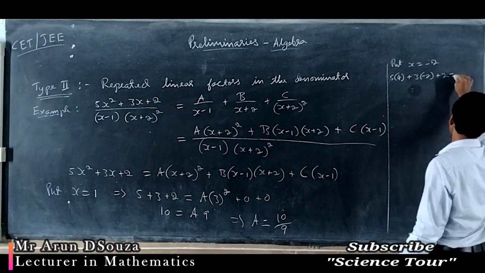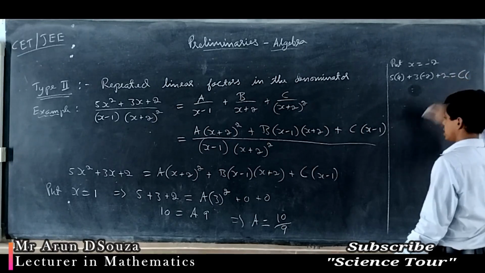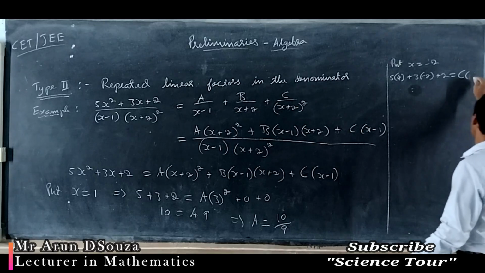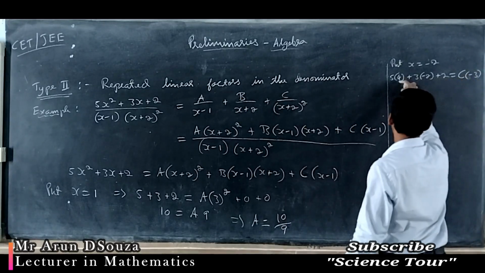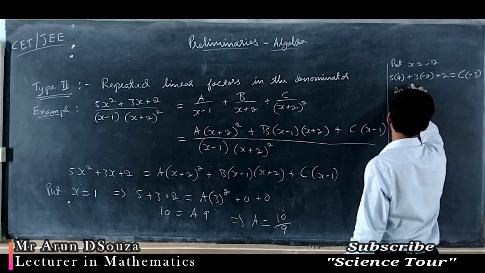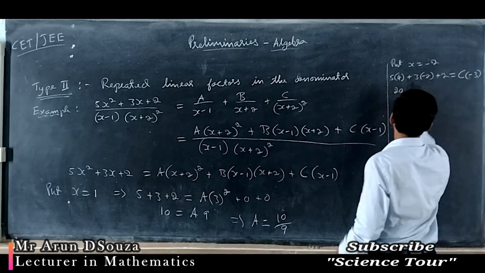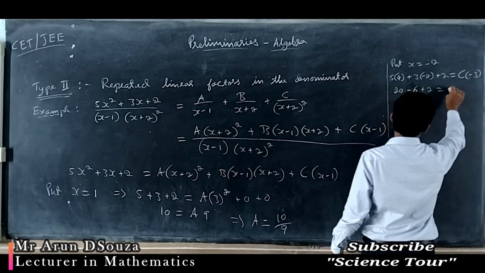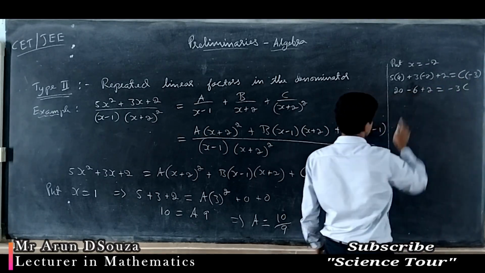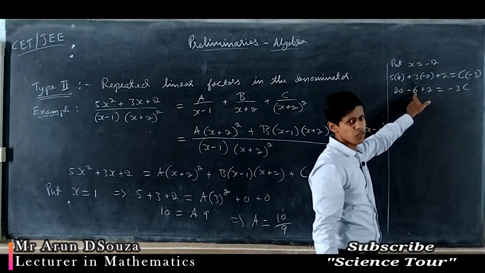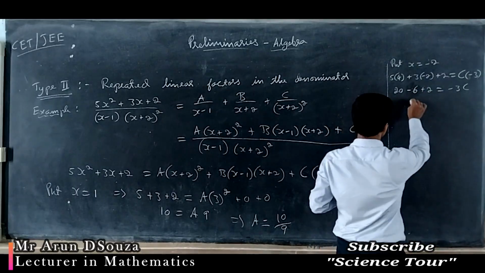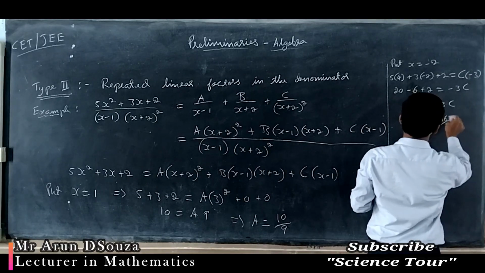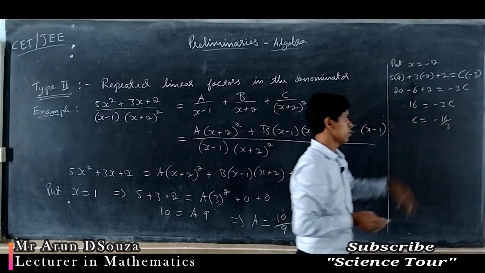Okay, so we can write it here, and this is minus 2. So minus 2 minus 1 is minus 3. Well, so this is 5 4s are 20, and then minus 6 plus 2, that is equal to minus 3c. So this is 20, minus 6 is 14, 14 plus 2 is 16. So c is minus 16 by 3. So minus 3 will be divided there.